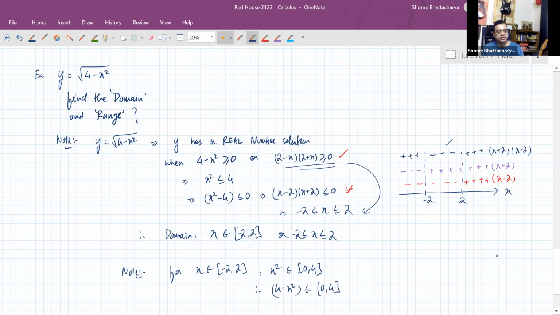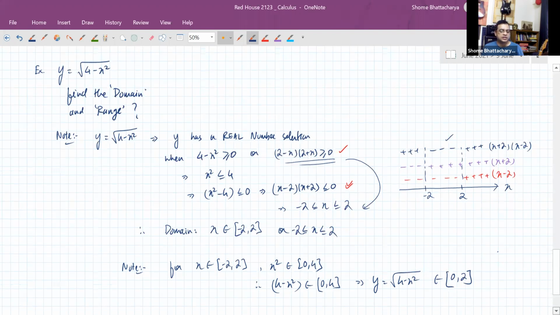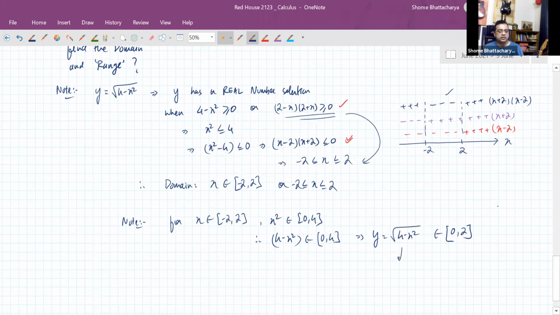So that means y, which is square root of 4 minus x square, ranges between 0 to 2, because y's minimum value will be square root of 4 minus x square's minimum value, that is square root of 0.